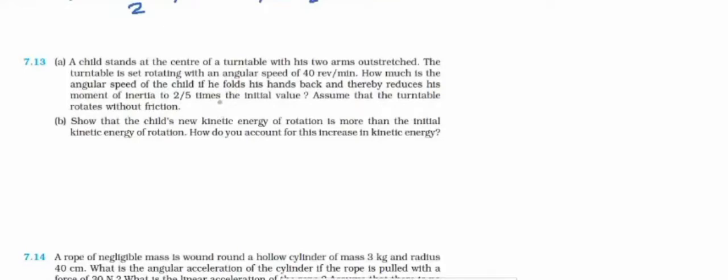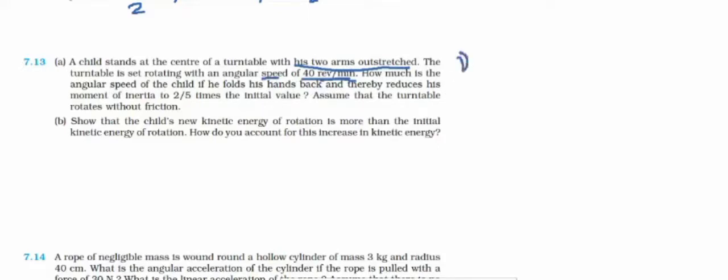Then next question 13. A child stands at the center of a turntable with his two arms stretched. The turntable is set rotating with an angular speed 40 revolution per minute. It is given as revolution per minute, but you know, revolution per minute means actually it is the quantity frequency.